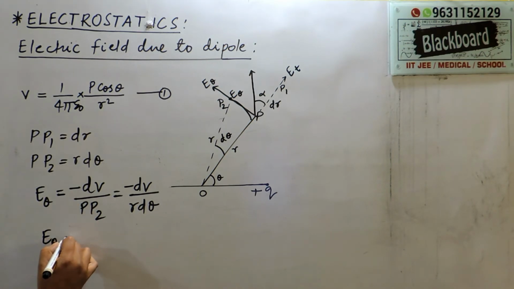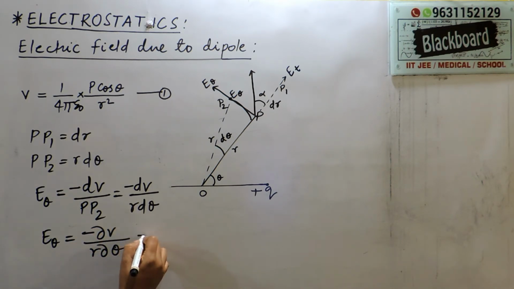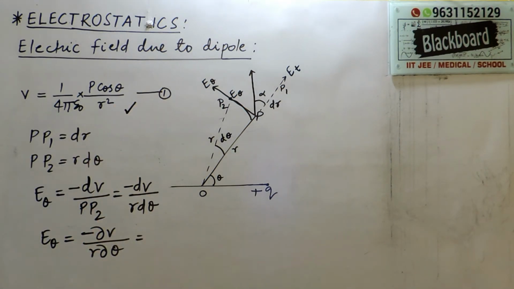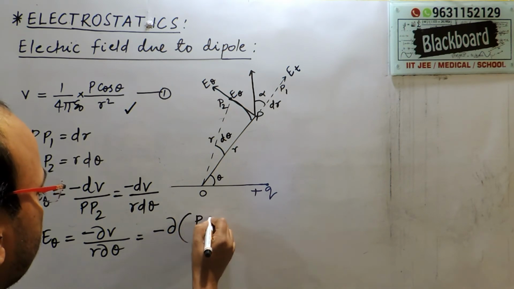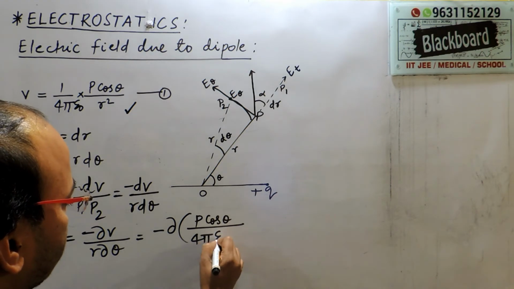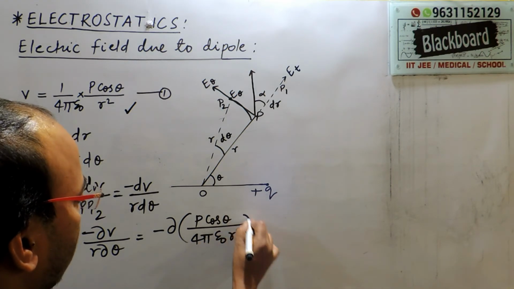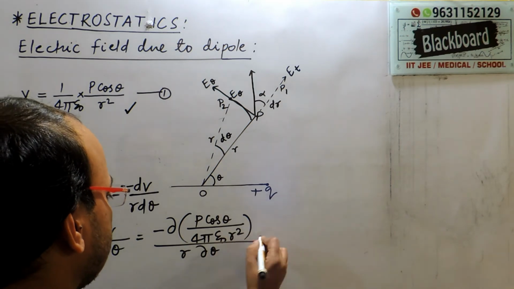You will write E theta equals minus 1 by r del V by del theta. Now use this term: P cos theta by 4 pi epsilon naught r square.